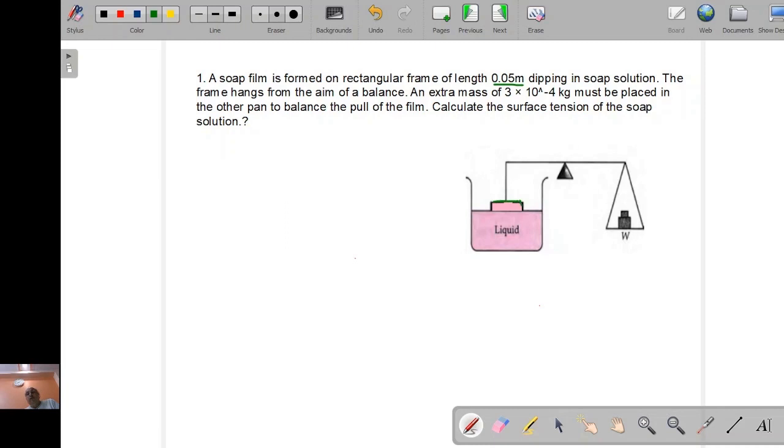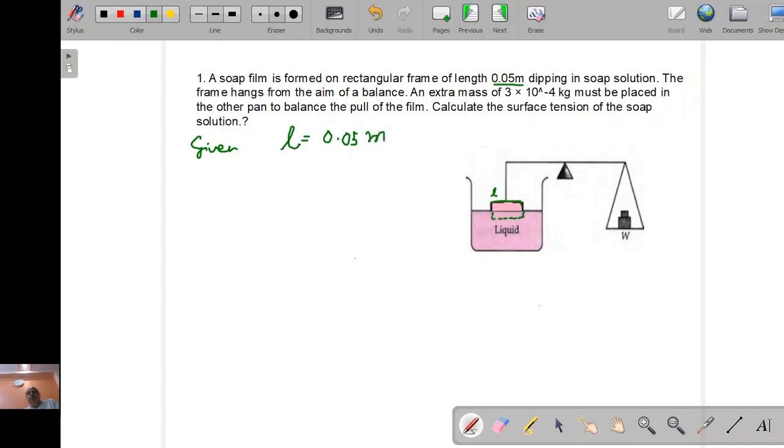Here is the frame, and it is dipped inside a soap solution, and the length of this frame is L. What is given here? The length of the frame is L and it is 0.05 meter.